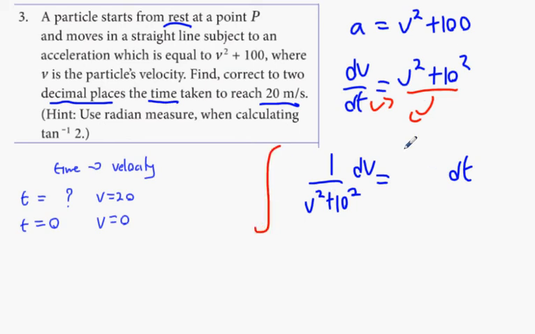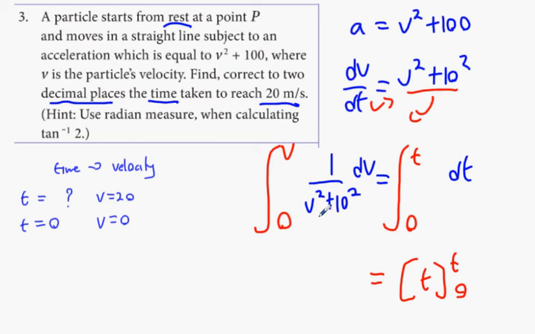Okay, integrals, what do we think? v and 0, and the other one t and 0. Integrate the other one. Anybody remember? We know how to integrate this. 1 over 10 tan inverse v over 10 from v to 0.